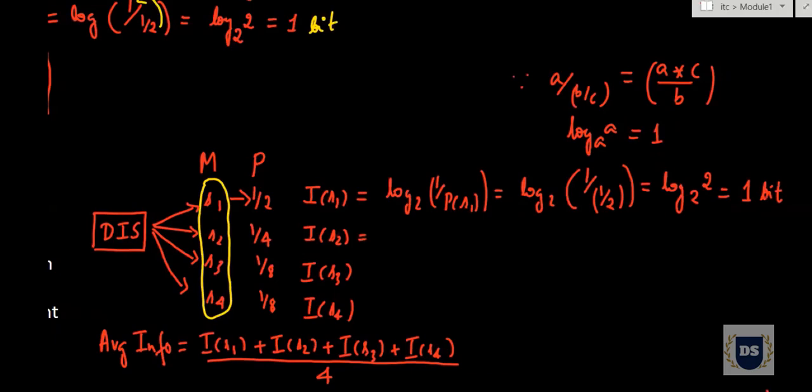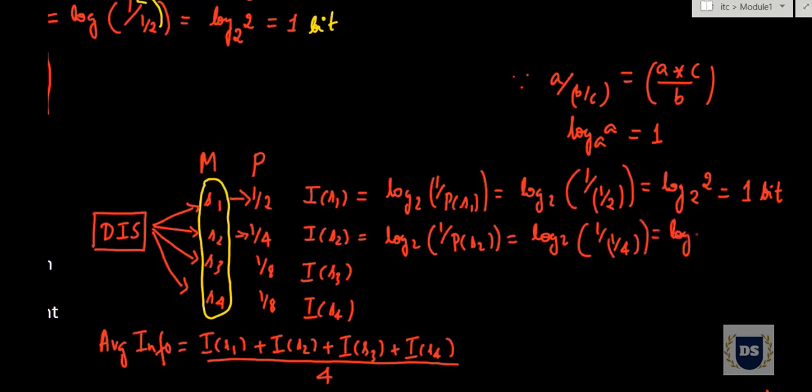We repeat the same drill for the information content of symbol 2, which has probability P of S2. Do I know the value of P of S2? Yes, it is 1 by 4. So I can rewrite this by making the 4 jump to the numerator, giving log to the base 2 of 4.